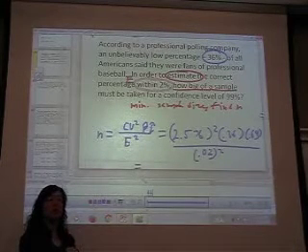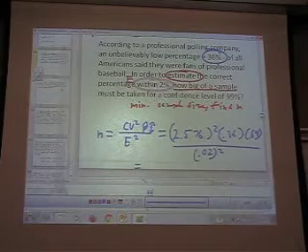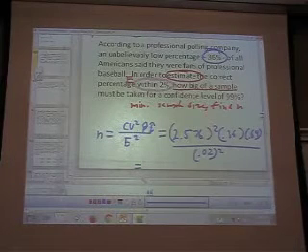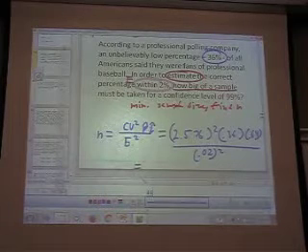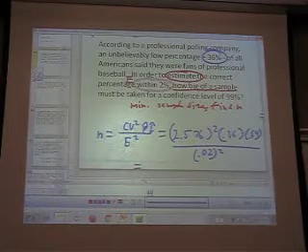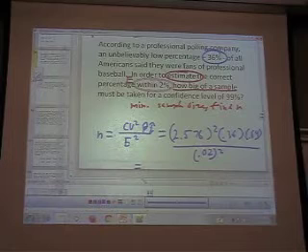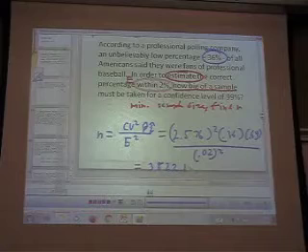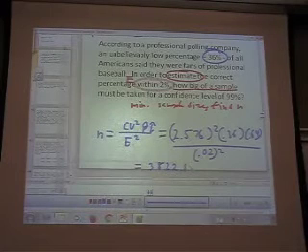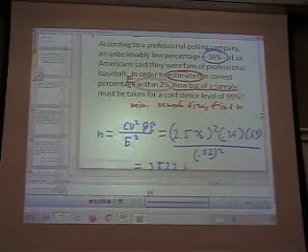I got 3822.2. So did I. I said 3823 because you round up. 3822.114. It doesn't matter, just round up.